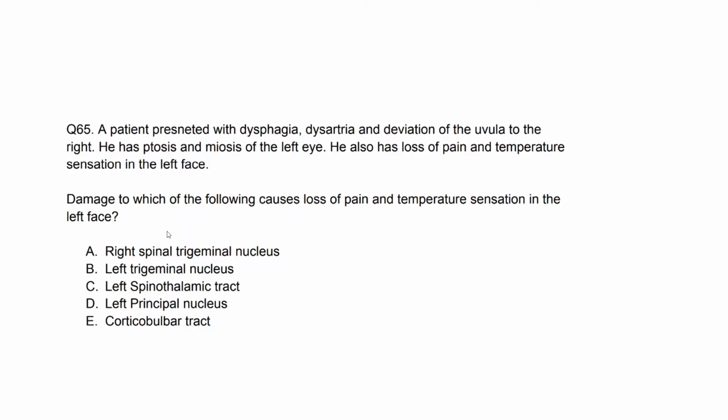It won't quite cross over yet. And so that eliminates option A. It's also not going to be the spinothalamic tract because that's related. And so it's going to be relayed by the trigeminal nerve, since it's pain and temperature of the face, and since it's the ipsilateral side, the answer is going to be B for this case.